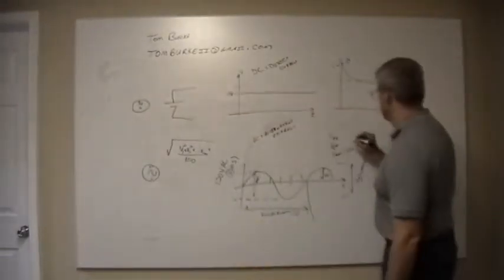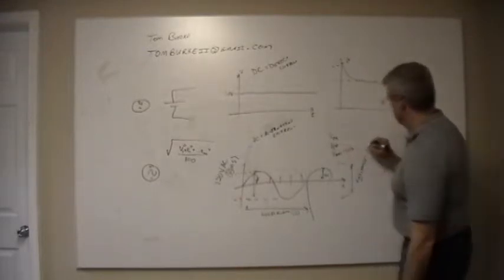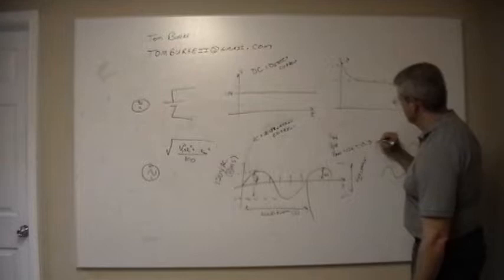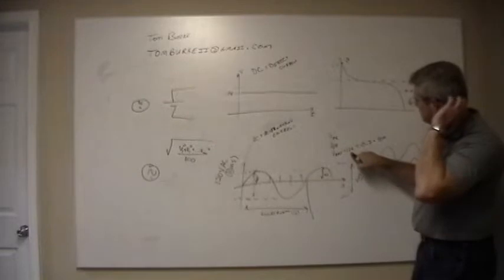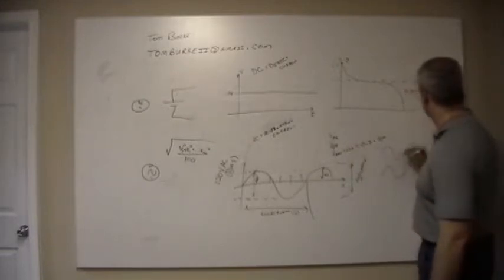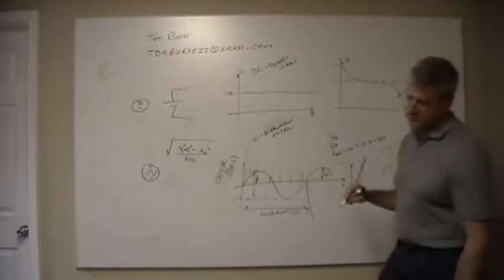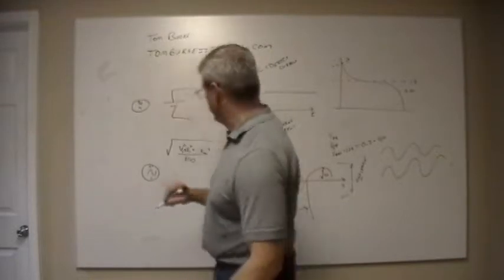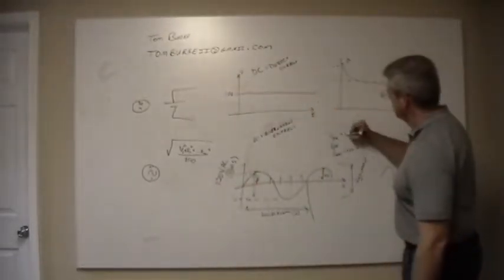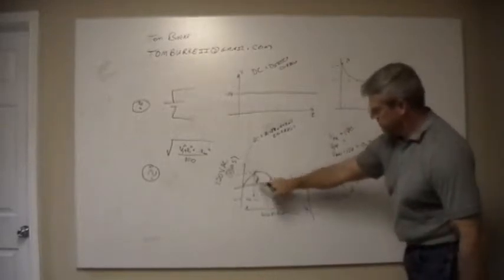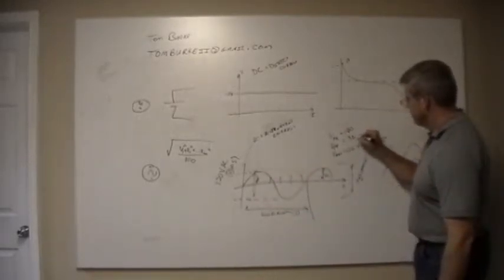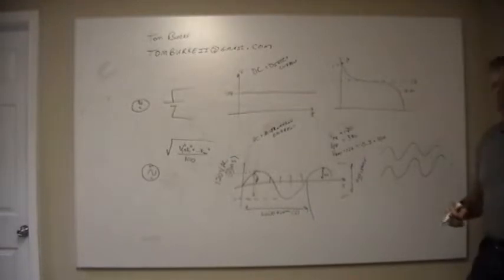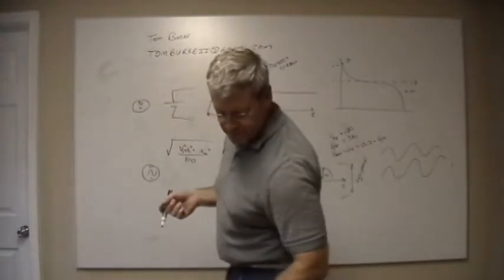RMS is equal to 0.7 times V peak. So 120 divided by 0.7, I think is 171. Okay, that's what I was thinking, 170, and that means then the V peak to peak is 340 volts. Is that right? That doesn't seem right, but I guess it is if we got it right.